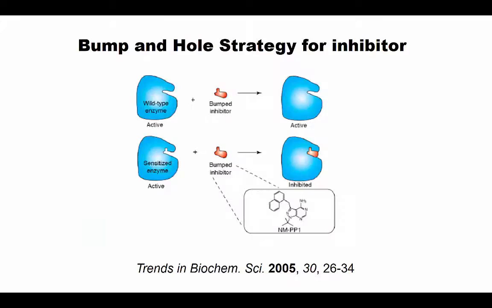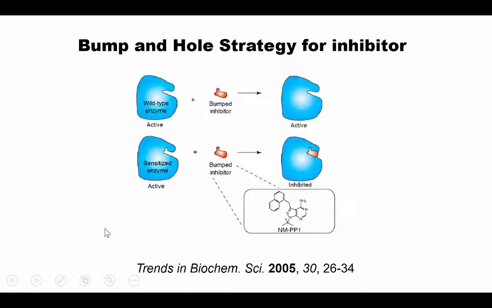Exactly the same idea of a bump and hole strategy can be applied to inhibitors. As I said, if you attack the ATP binding site with a drug, selectivity is quite difficult to achieve. So in this case, among many different kinases, you select your target kinase and make this hole, and then you make the bumped selective inhibitor.